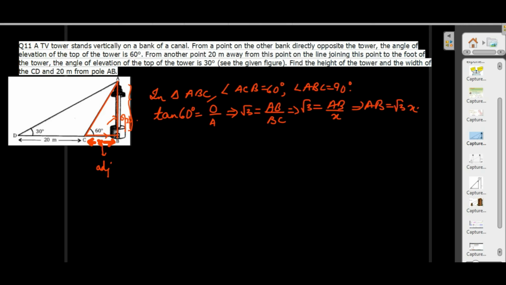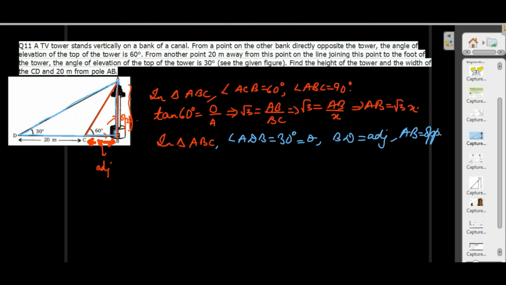Now let us consider the outer triangle ABD, this one. In this triangle we are given angle ADB is equal to 30 degree. That means theta is equal to 30 degree, and here BD will be the adjacent side and AB will be the opposite side, right?